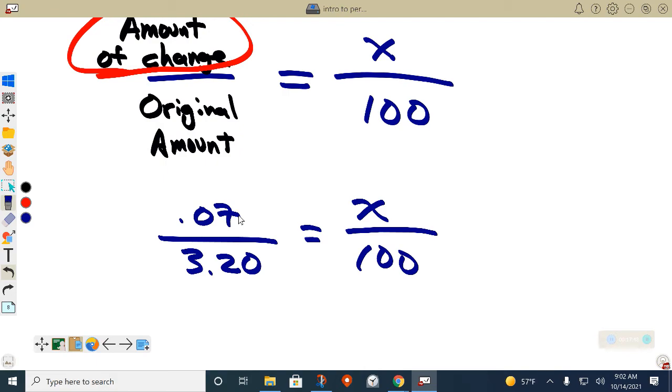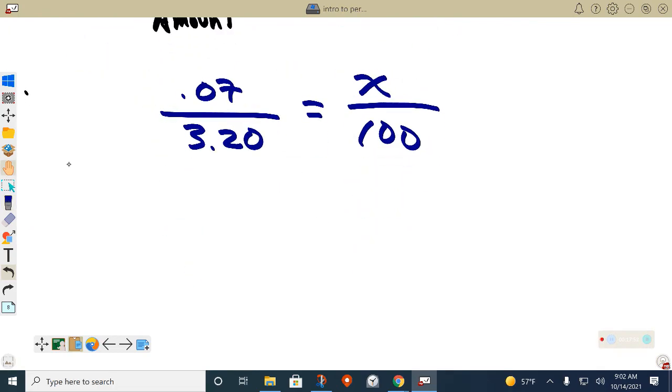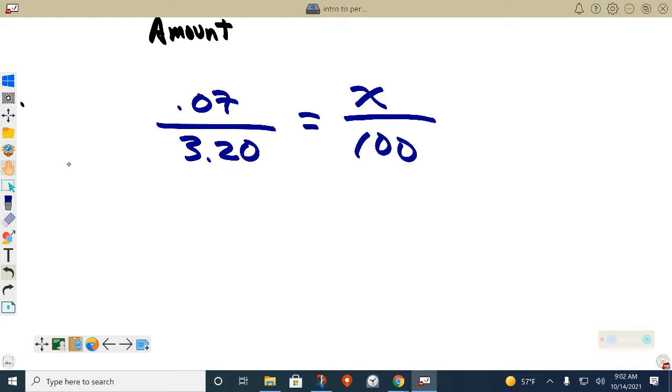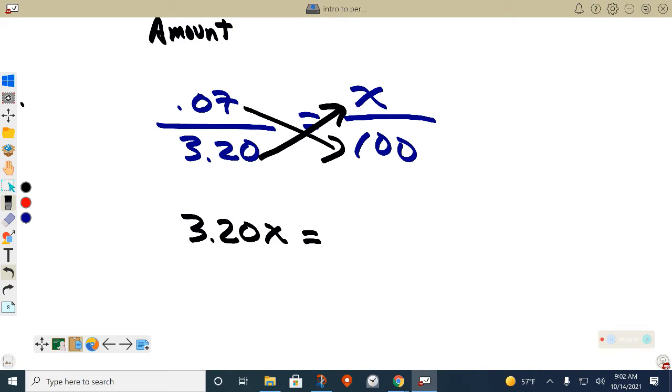Now we're ready to rock and roll. Let's see what happened. Here I'm gonna multiply. So $3.20x becomes 320x. And 0.07 times 100 on a calculator, you get 7, which is really 7.0. 7 and 7.0 mean the same thing. Let's get x by itself.